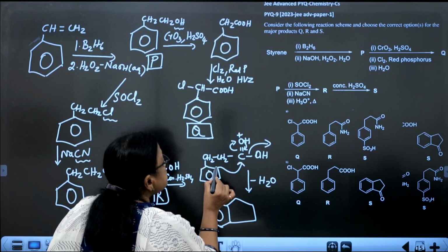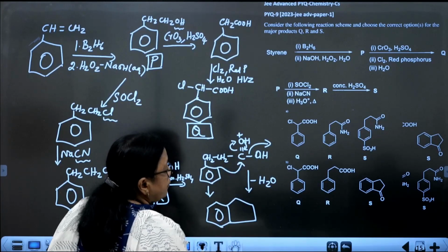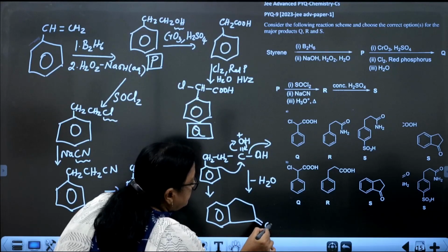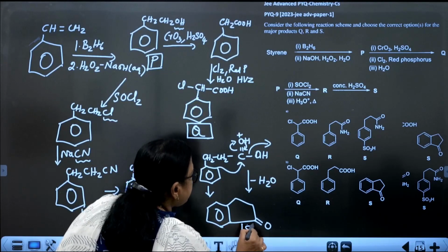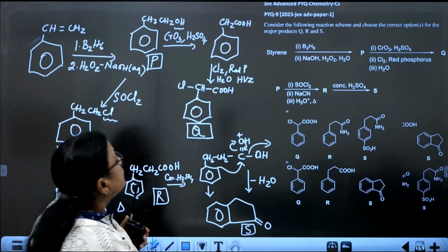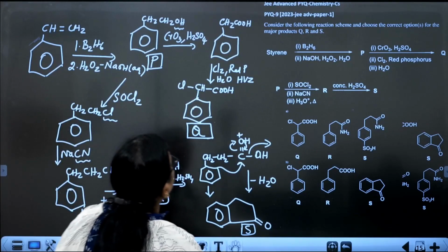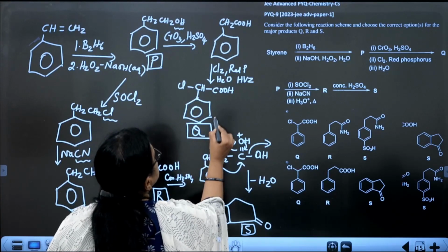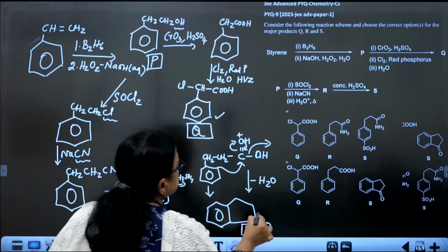Now this carbon is attached to the carbon on which double bond O is present. So this should be the final product S. So we are asked to identify the products Q, R and S. Q is this one, R is this one and S is this one.